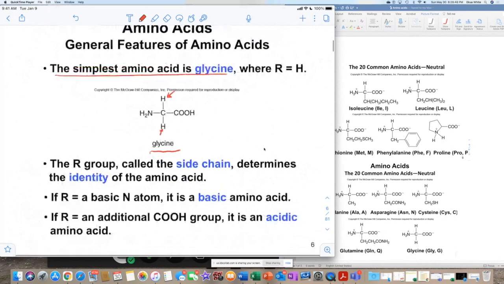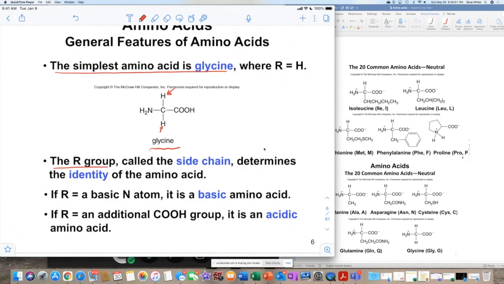So we have glycine, and then we're told here the R group, called the side chain, determines the identity of the amino acids. If R is a basic nitrogen atom, it is a basic amino acid. So essentially, the R group right here, which could be an element or a whole group of elements, identifies the amino acid, and it identifies the type of amino acid that we have.